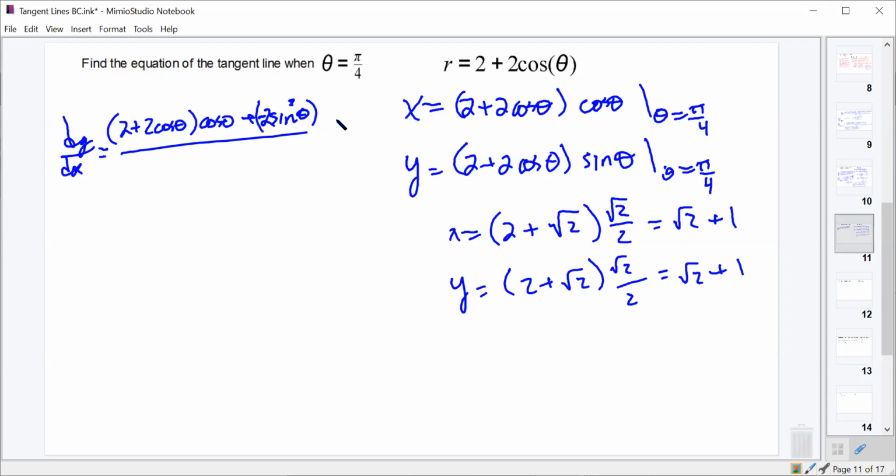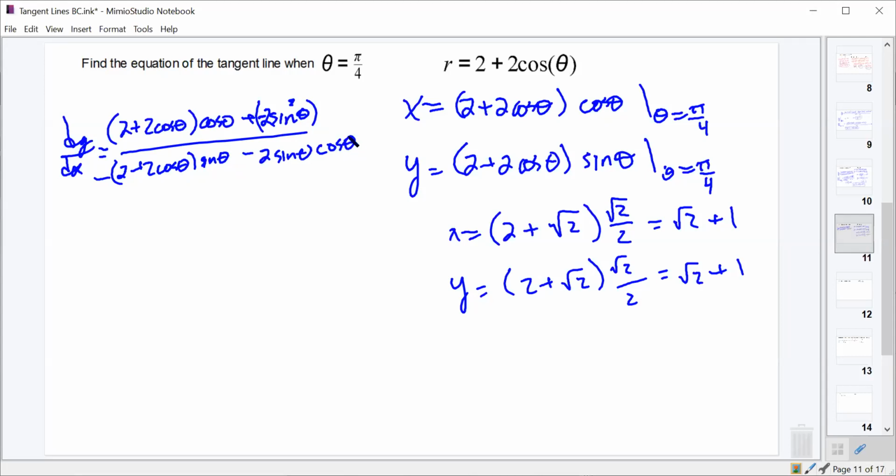Yeah, okay. And in the denominator, we should have 2 plus 2 cosine theta times our derivative of cosine, which is a negative sine theta. And then we're going to have, again, a negative 2 sine theta, and this time times a cosine theta.